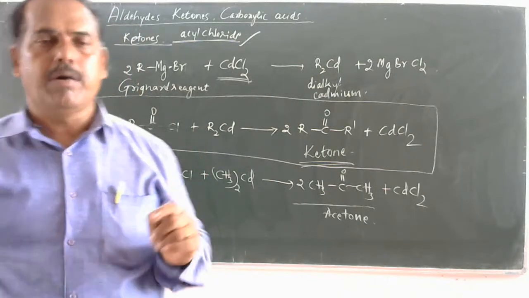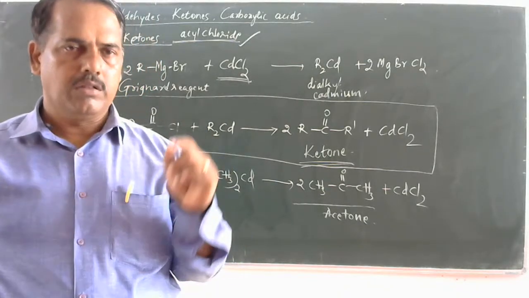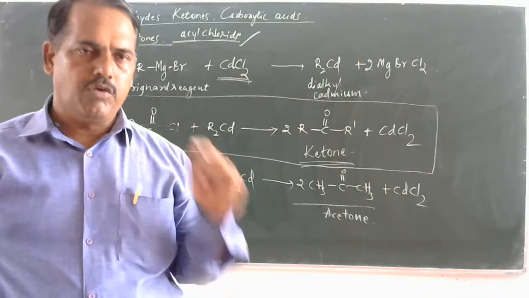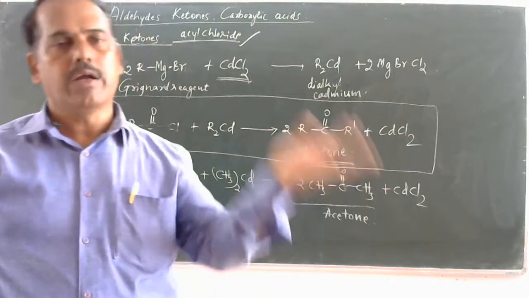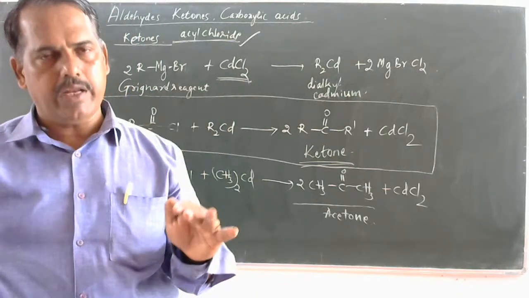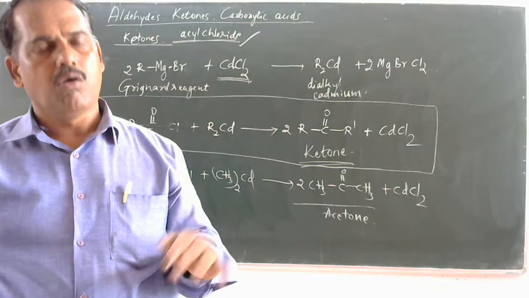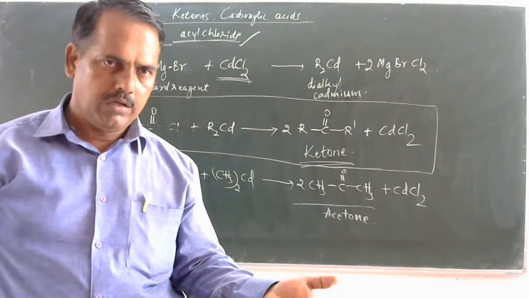So what you have to remember? First you have to take the Grignard reagent. It should be treated with cadmium chloride to form dialkyl cadmium. Dialkyl cadmium, on treating with acyl chloride, forms ketones.